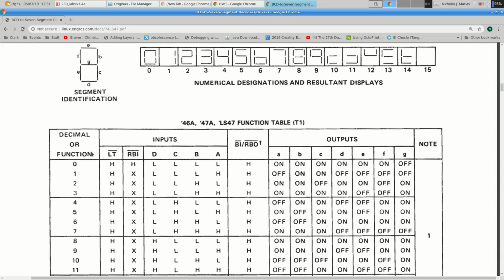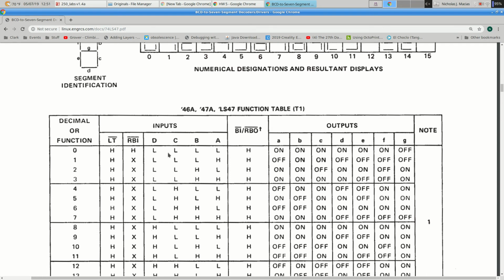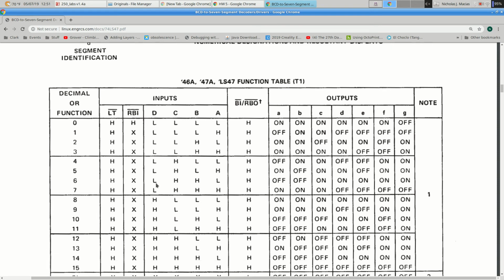So if you want to display the number 0, A, B, C, D should all be 0. If you want to display the number 1, D, C, B should be 0, A should be a 1. If you want to display a 2, D and C should be 0, B should be 1, A should be 0. Our highest possible sum is a 6, so it's only these first 7 rows we need to worry about.